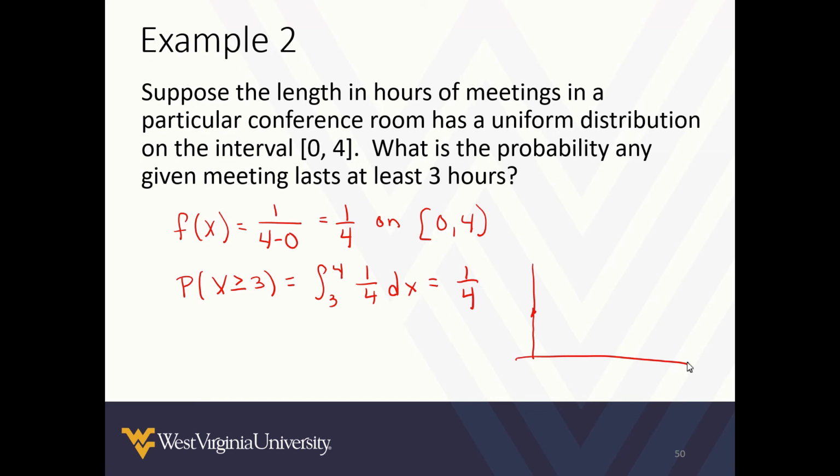So we are on the bounds from 0 to 4. We know that f of x is equal to 1/4. And if we are trying to calculate the area, then we can see that the area from 3 to 4, because it's at least 3 hours, but no more than 4, would be 1/4.